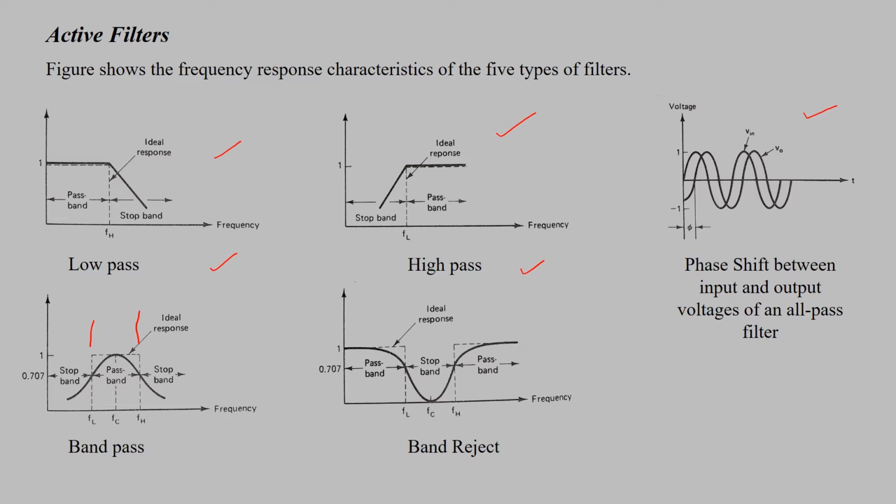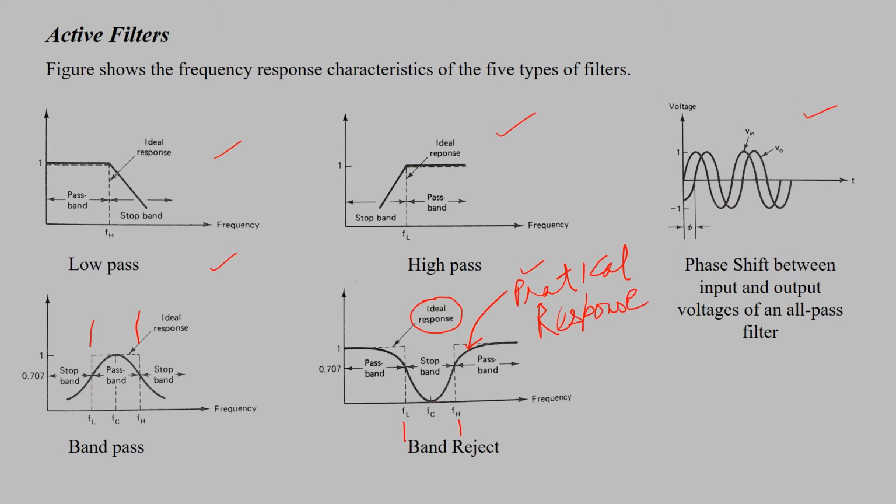In band reject, the band between FL and FH is rejected, and from 0 to FL and FH onwards are the pass bands. The dotted line shows the ideal response and the bold lines show the practical response of the filters.